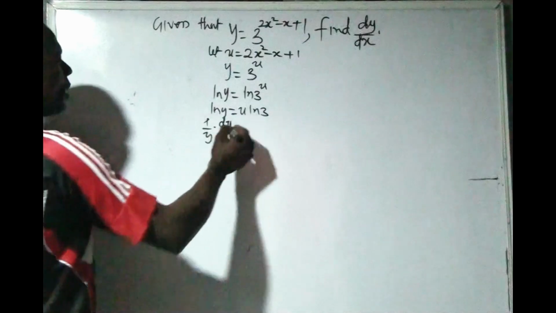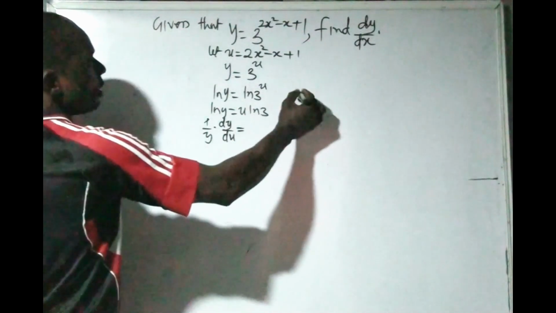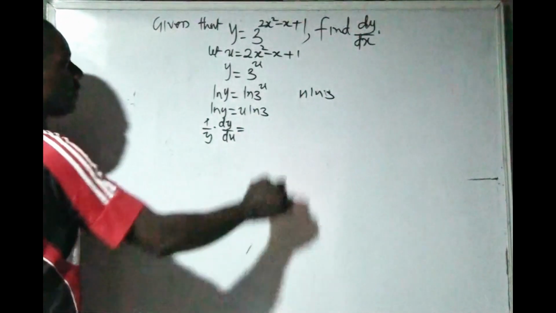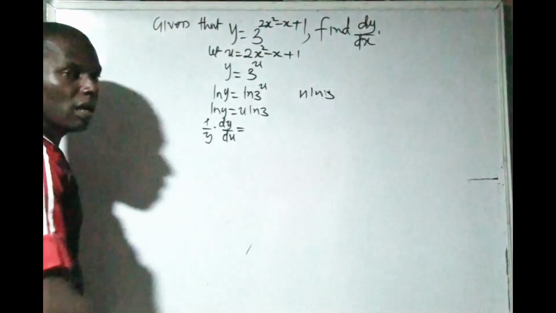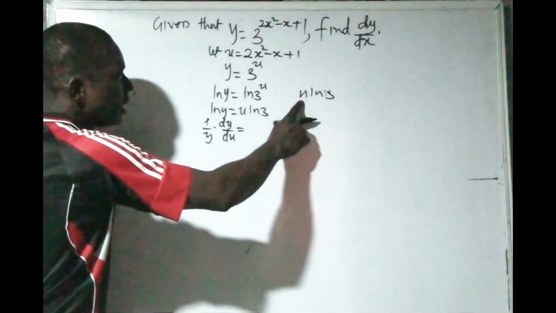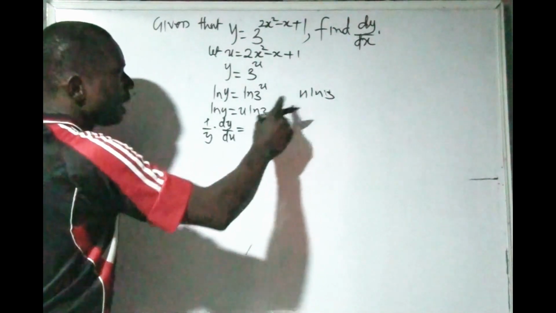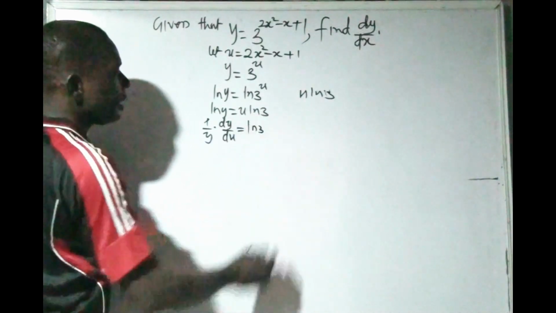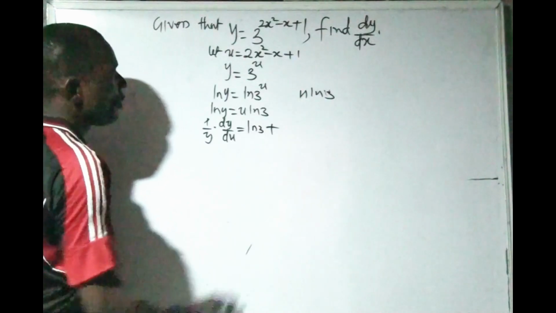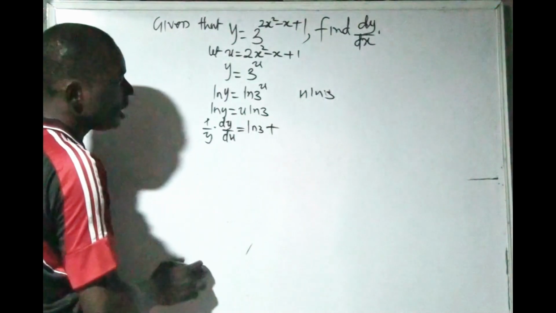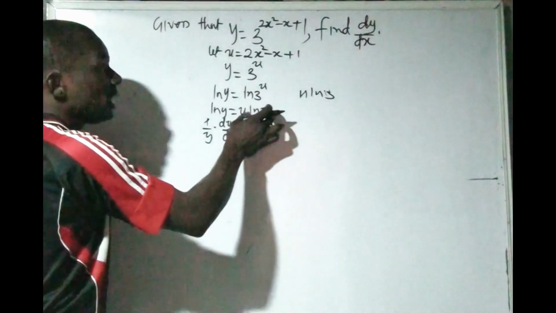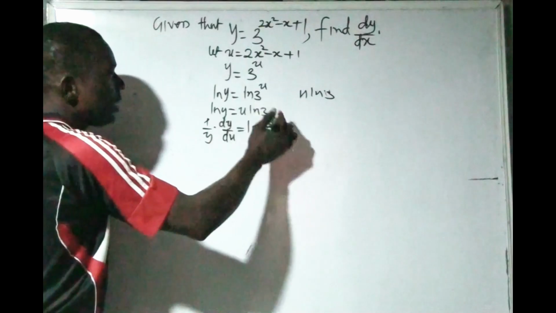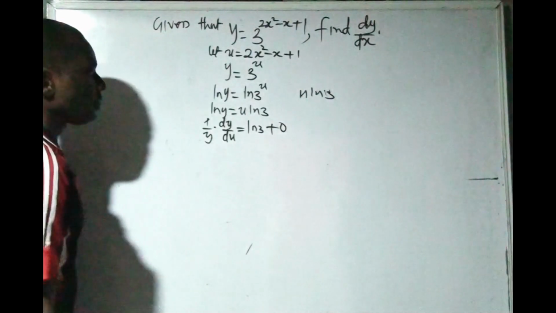Now on the right hand side, these two here, u and ln 3, are a product. So if we apply the product rule, we differentiate u with respect to u, which gives 1. So 1 times ln 3 gives us ln 3, plus, if we differentiate ln 3, since ln 3 is a constant, the derivative of a constant is 0, so we have plus 0 here.